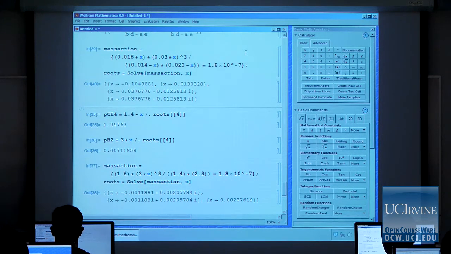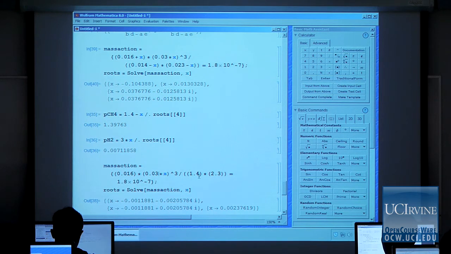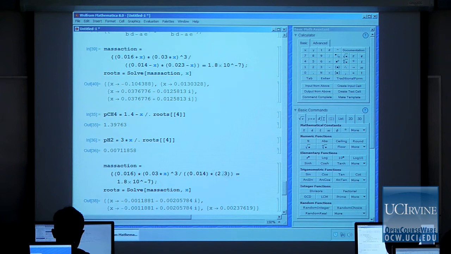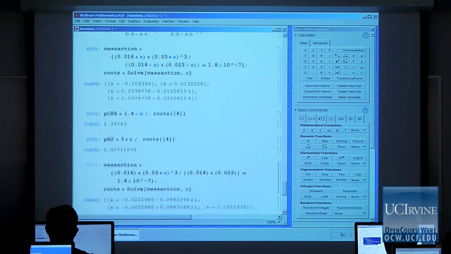And just to see what we would get if we did make the approximation, let's just go down here and put the same numbers in. 0.03, 0.014, and 0.023. All right?